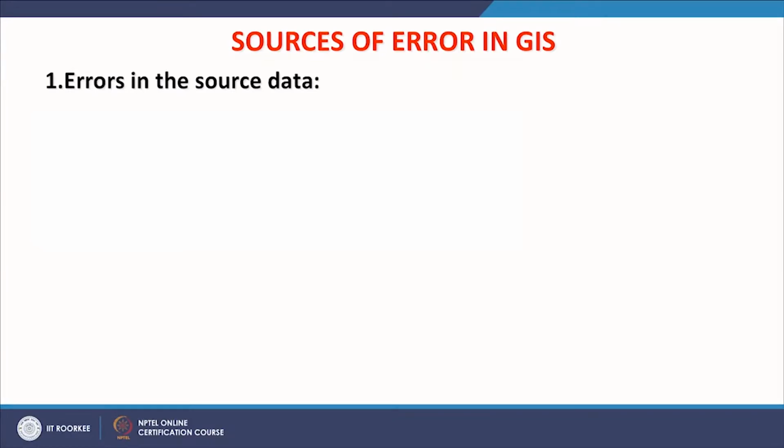Further, we also have to understand the loopholes or leaking points, the sources of errors in GIS. So, the first one is errors in source data. These we put under the category of inherent errors, because we take a lot of data from outside, and nowadays a lot of organizations are preparing data and providing it completely compatible with GIS platforms or GIS software.